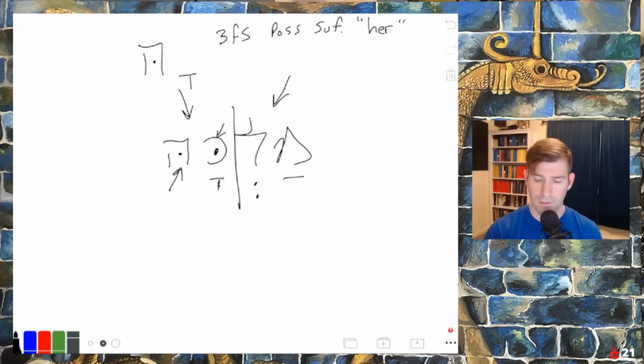So it's "her king." The big thing to remember is sometimes you'll see a dot in the middle of a hey at the end of a word. It's distinguishing that hey, telling you it's there for some specific reason, not just a feminine ending. That's mapiq.